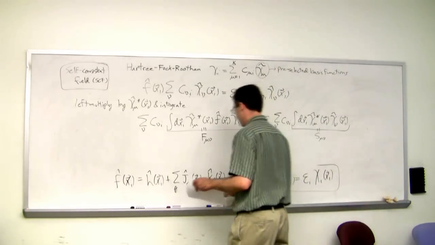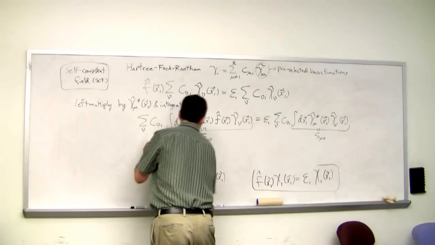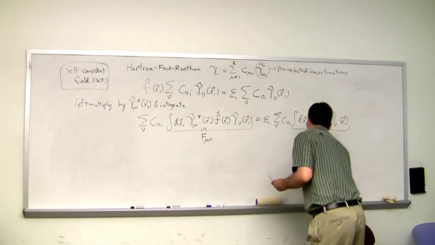So in matrix form, what does this equation look like? Well, it's sort of there already. I'm going to rewrite it in the interest of clarity.